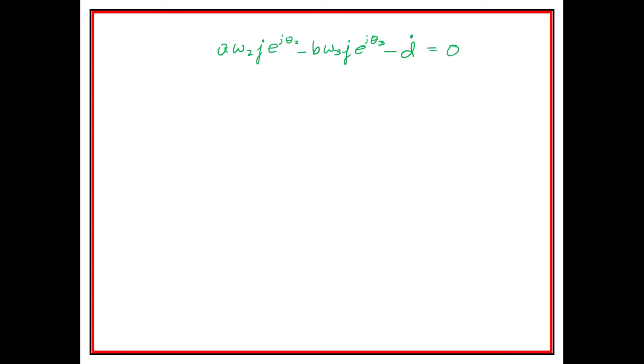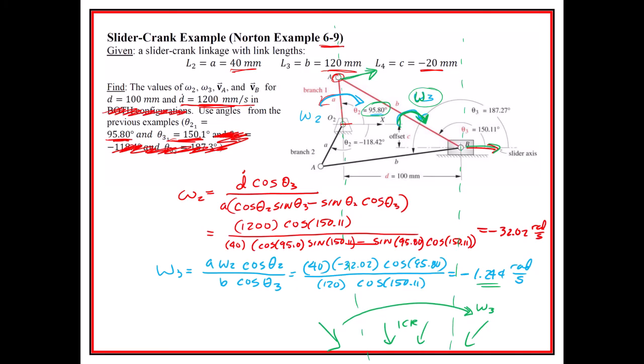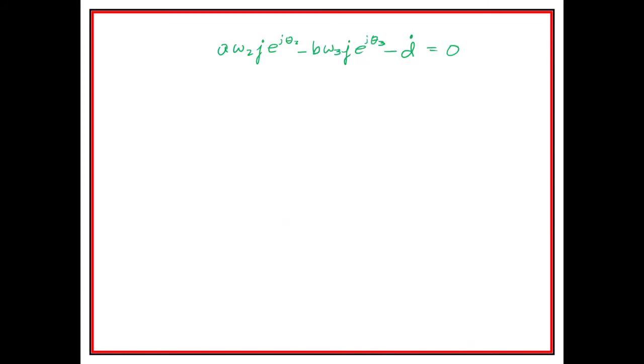So in this case, D dot was the input, the thing that we were given. What we have here is this guy is going to be VA, and then this guy is going to be VA with respect to B, and this was supposed to be VB.